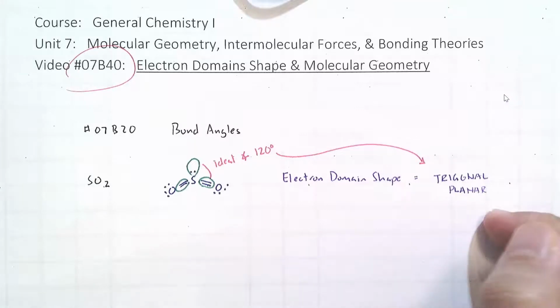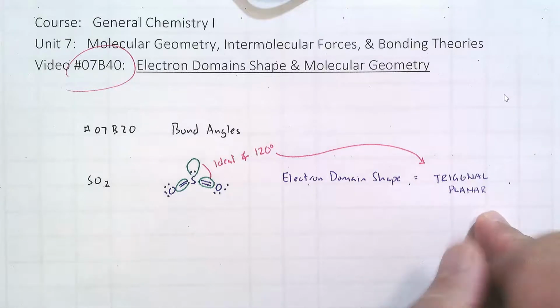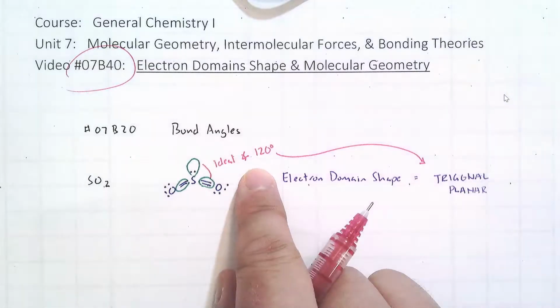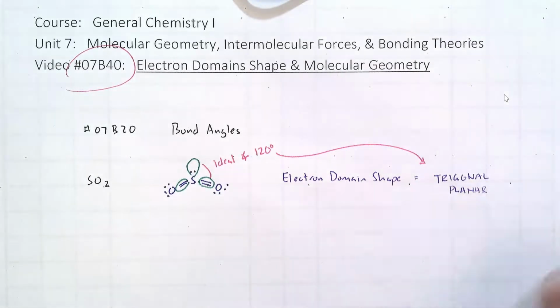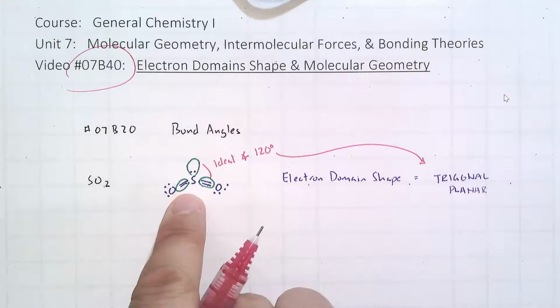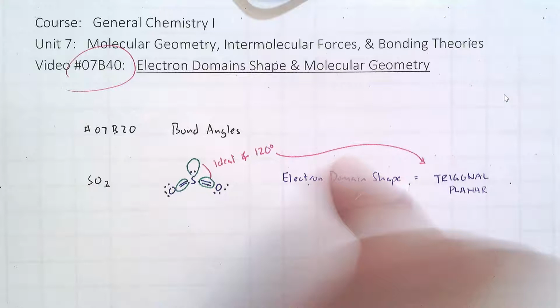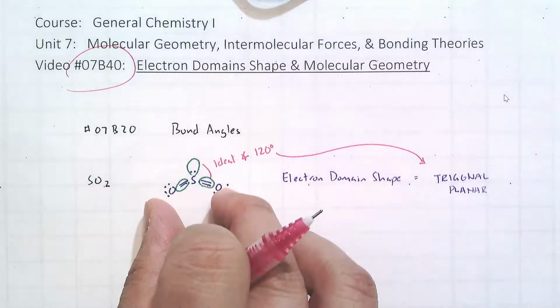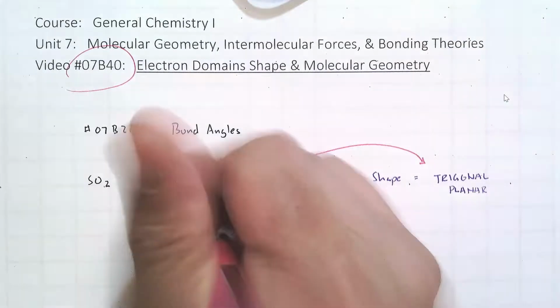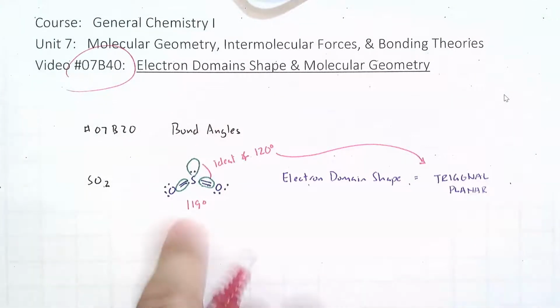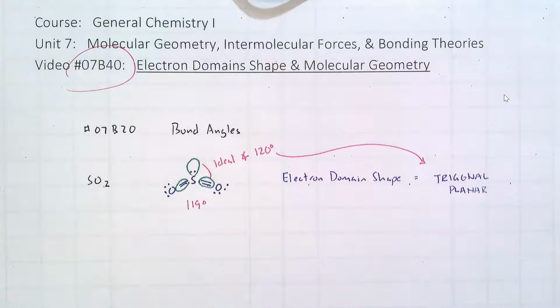So trigonal planar molecules have bond angles that are 120 or close to 120. We saw some deviations, and because a lone pair repels bonds stronger than bonds repel each other, the two double bonds squeeze together a little bit tighter, and technically this is 119 degrees. But don't worry about the deviations for this video.